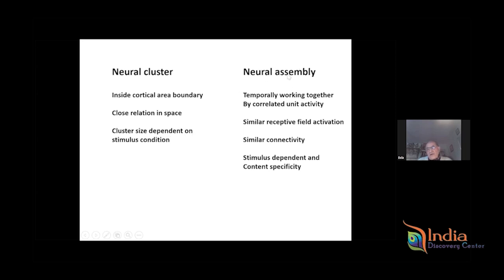A neuronal assembly is temporally working together, correlated unit activity, and different large areas can be activated, and we call that a neuronal assembly.